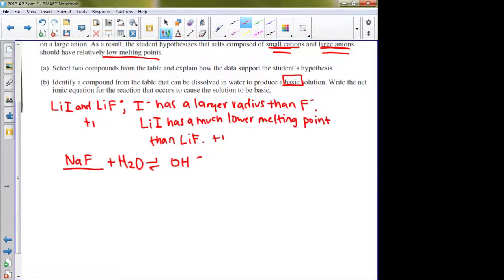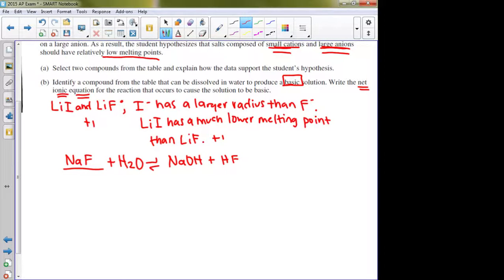Now, I'm going to erase this hydroxide real quick. So what is this going to give me? We already said it's going to give me NaOH plus HF, right? Everybody agree with me? Yes. Now, it told me that it wants me to write the net ionic equation.